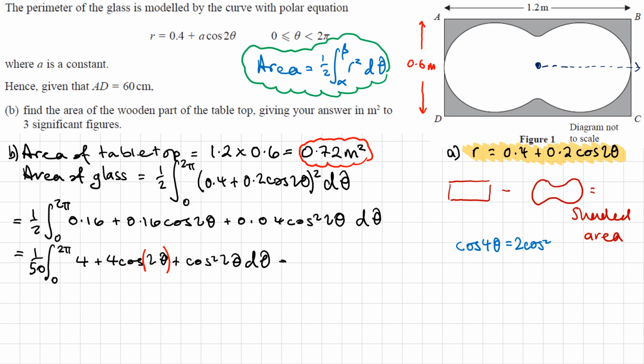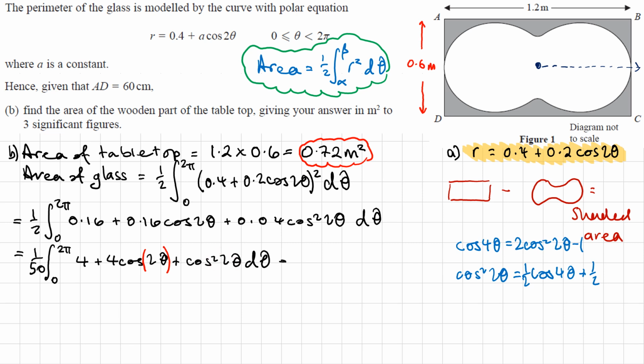So cos 4 theta equals 2 cos squared 2 theta minus 1. Then I can add 1 to both sides, then divide both sides by 2, and then I'll get cos squared 2 theta is equal to half cos 4 theta plus a half. So that's going to go in here, and then that's going to give me something which I can integrate.